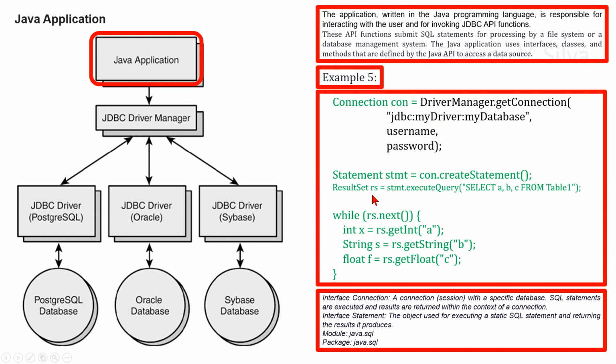Here the next method moves the cursor forward one row from its current position, and here the get int method retrieves the value of a designated column in the current row of this result set object as an int in the Java programming language.